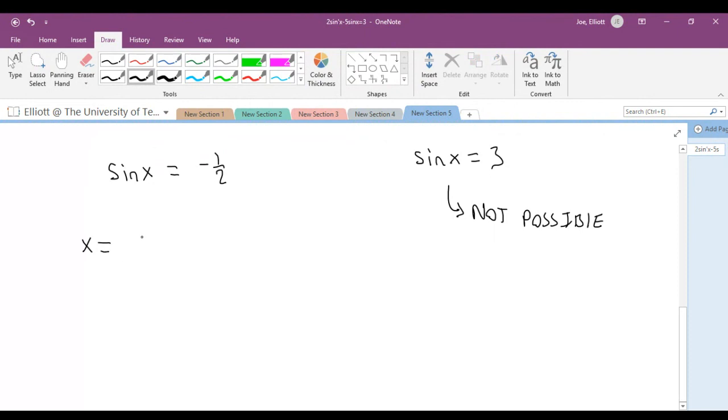And so it would be 7 pi/6 would be the angle in the third quadrant, as well as 11 pi/6 would be the pi/6 angle in the fourth quadrant.